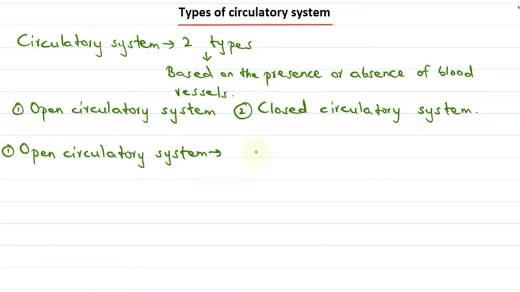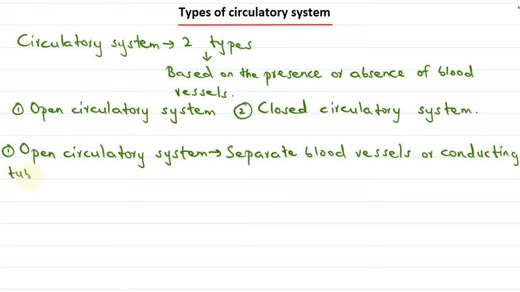There are no separate blood vessels or conducting tubes for blood transport.